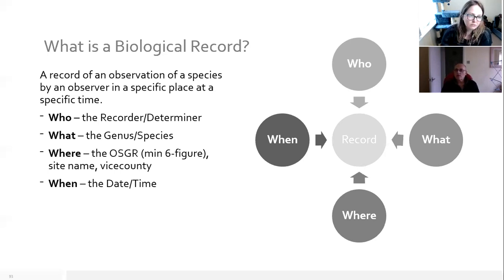And so, when it comes to doing things like, I think I mentioned last time, when I'm recording whiskered and Brandt's in our project, if we get a small myotis into processing, I will look at the bat, identify it, and then I will text the head of processing my identification, and then Scott does the same. And if they ever aren't the same species, if we disagree, then it doesn't get recorded to species level.